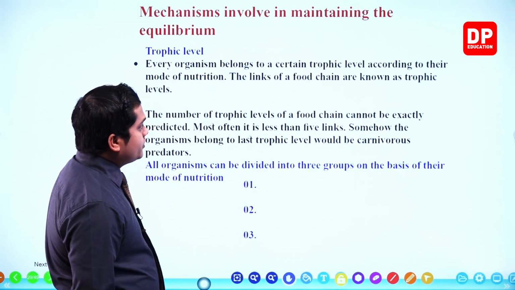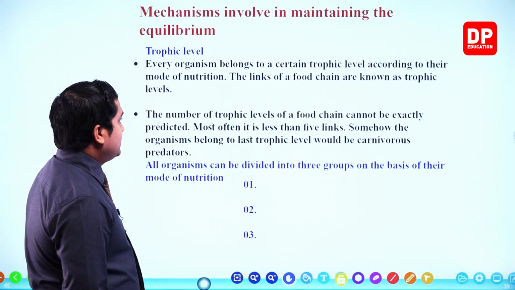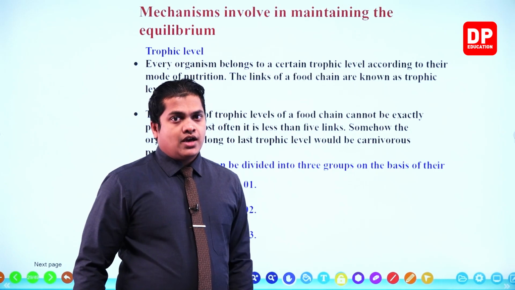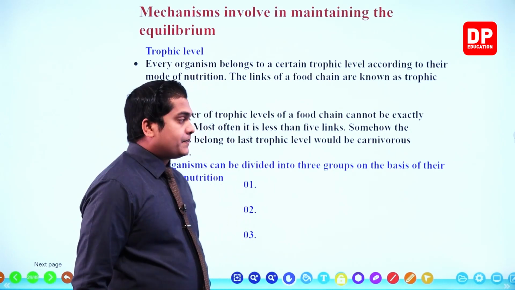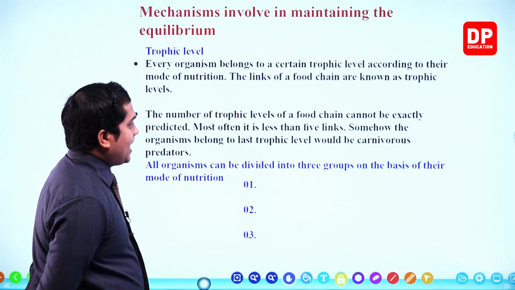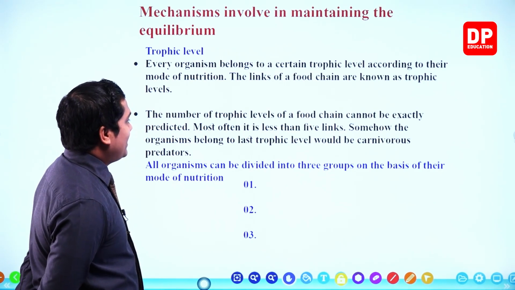The links of the food chain are known as trophic levels. Then the number of trophic levels of a food chain cannot be exactly predicted.